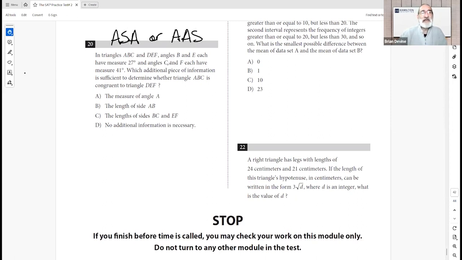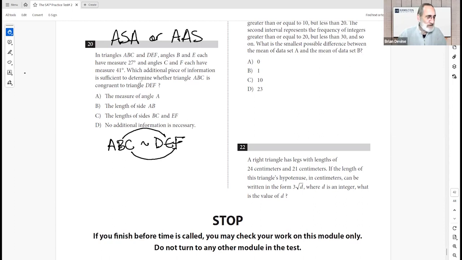So if I look at that, they told me, well, in ABC, if it's similar to DEF, well, B and E have the same measure. And they said that. They're both 27. And C and F have the same measure. They said that. They're both 41.